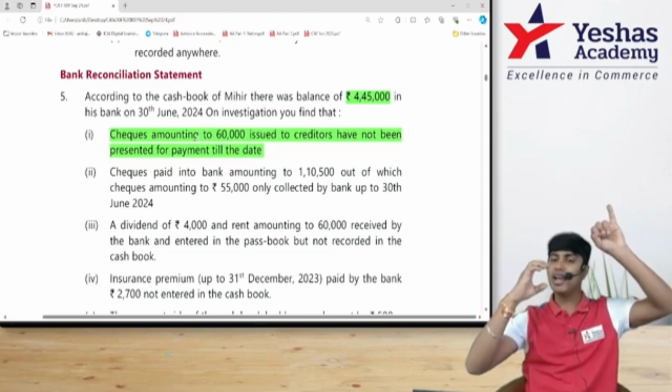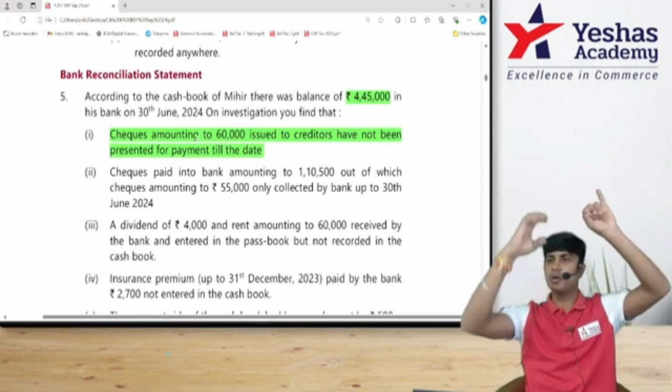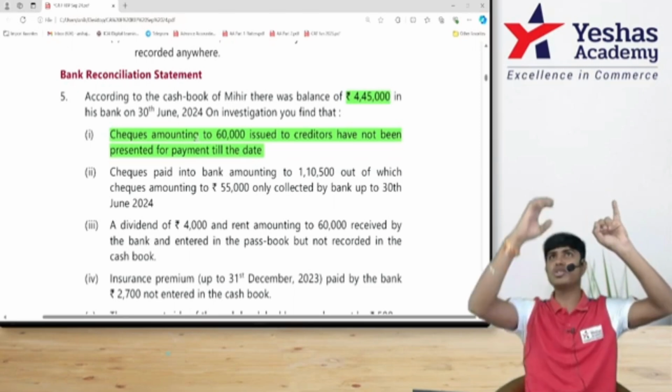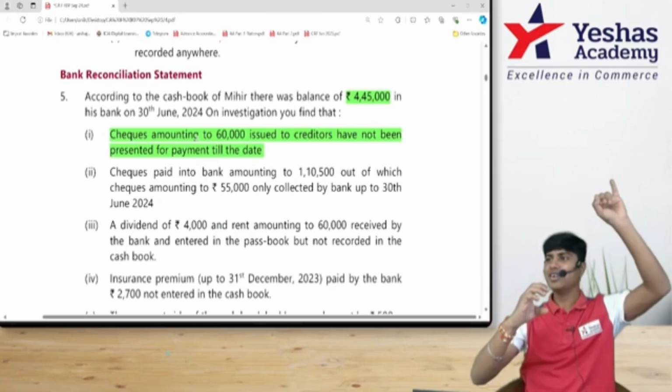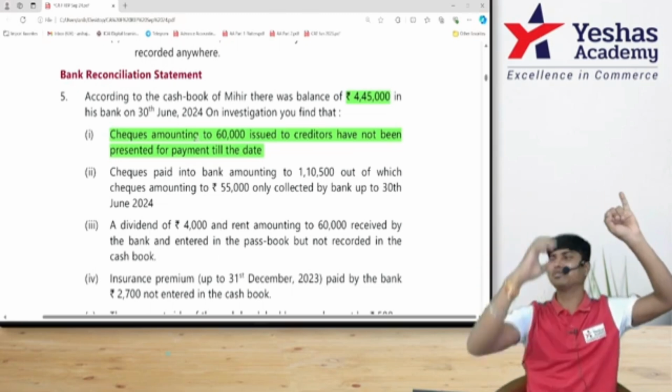Now see, can you see the P? No. You can see the P only when they're in the same line. You get it? Now, cash book balance has gone down, passbook balance has not. Can you see the P? No. In order to see the P, either you would have to see up or you would have to see down. What is in your control? See. What will you do? See up.